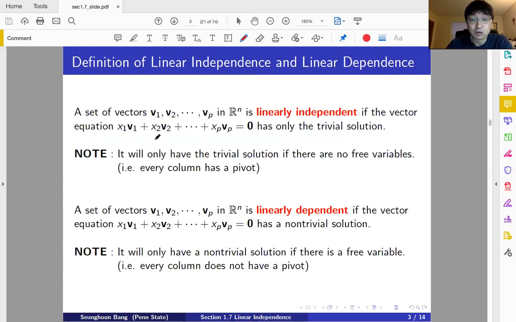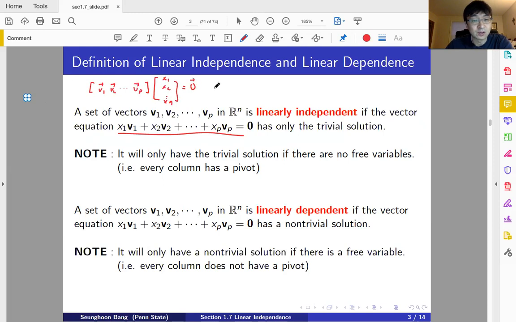You can change this one to the matrix equation. So this is the matrix equation, where matrix A is the columns vector v1, vector v2, up to vector vp, times the vector x1, x2, up to xp, equal to vector 0.